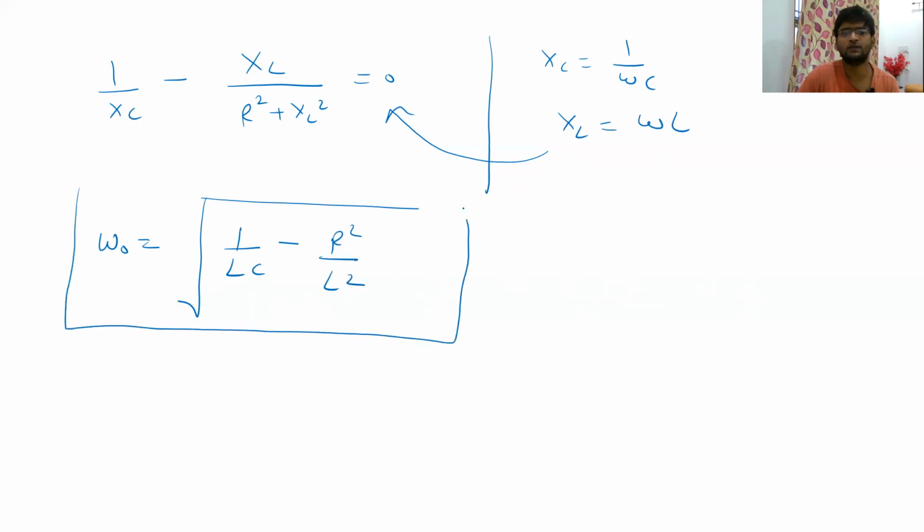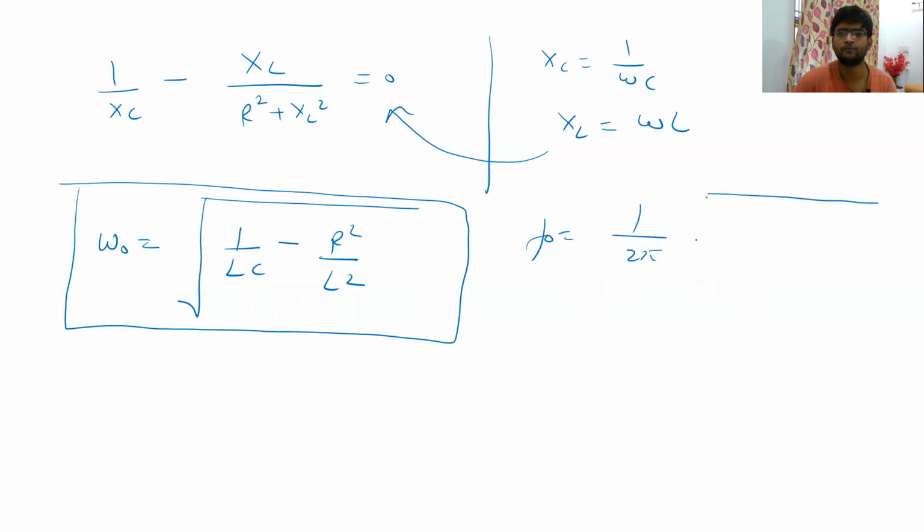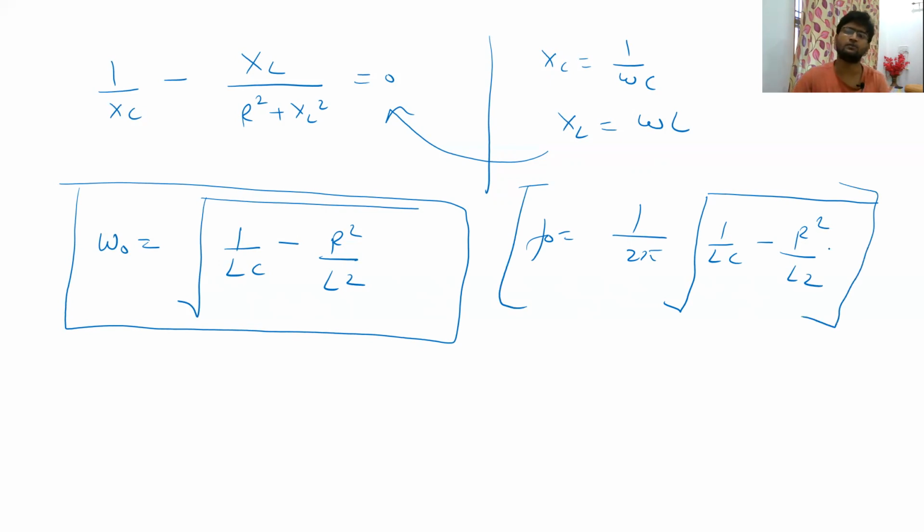So this will be in radian per second, and if you want f naught, it will simply be 1 upon 2 pi under root 1 upon LC minus R square upon L square. So this is going to be your resonant frequency in the case of this case 3 circuit, which is also called the tank circuit or practical tank circuit.